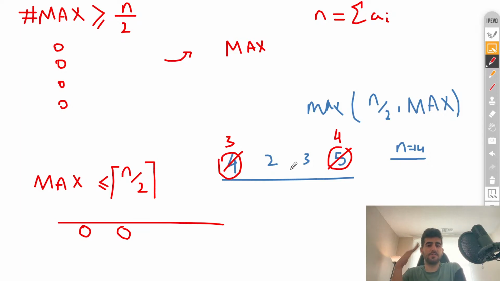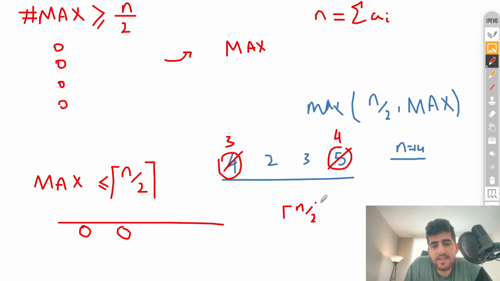And therefore, using induction, we can say that the rest of them can be solved too. Why? Because when you decrease the two maximums by 1, there are two cases. Either these elements are greater than the new n half. The new n half is the previous n half minus 1. N is decreased by 2, so n half is decreased by 1, right?